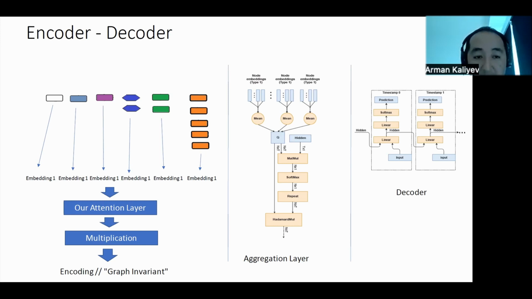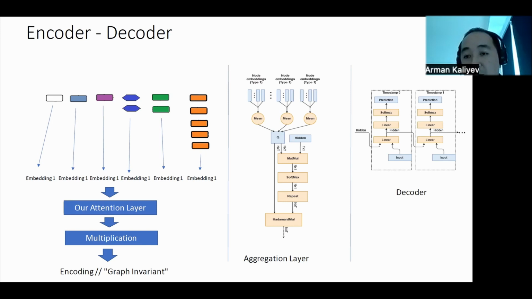In the middle of my presentation, you can see the mechanism that we developed for attention over node types. It divides them into groups of node types, calculates how important each is for name prediction, and then encodes them into one layer.